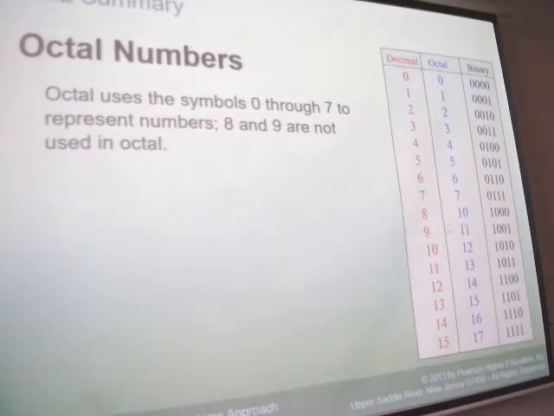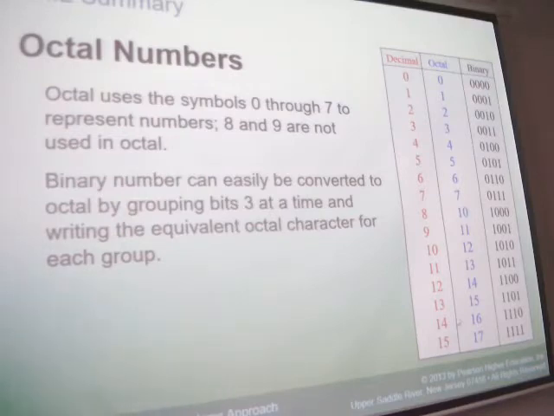And 9 is represented by 1 1. 10 is represented by 1 2. 11 is represented by 1 3. 12 is 1 4. 13 is 1 5. 14 is 1 6. 15 is 1 7. Why? Do you know why?